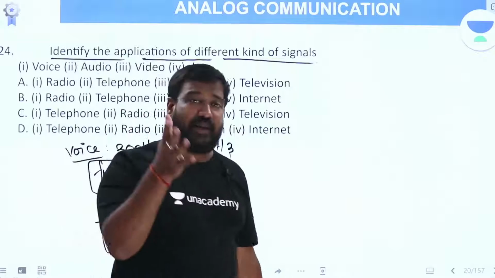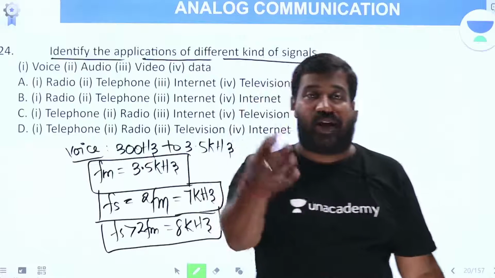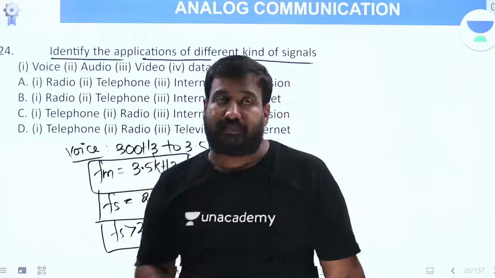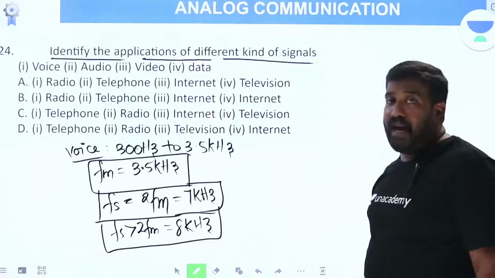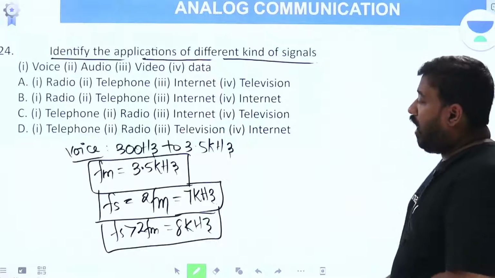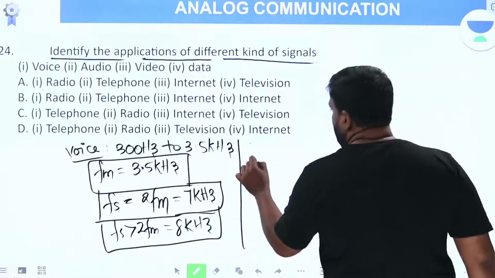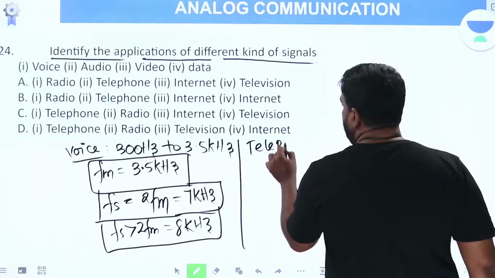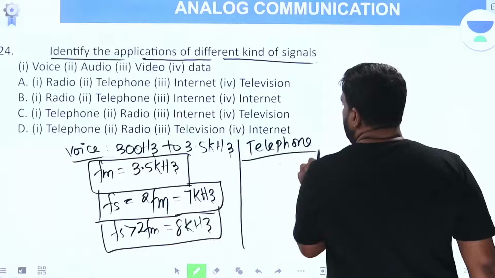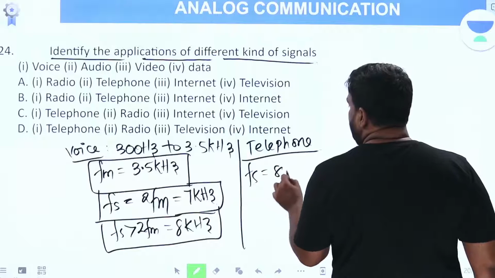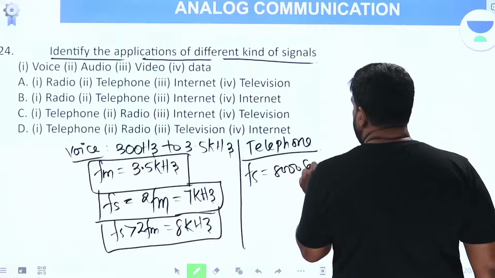Communication is a wonderful subject when you try to relate it to your day-to-day work. Fs is the sampling frequency, which is 8 kilohertz. So it is customary that all telephone systems use a sampling frequency of 8,000 samples per second.